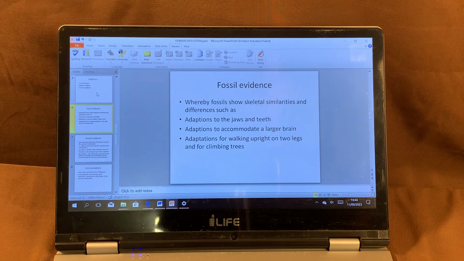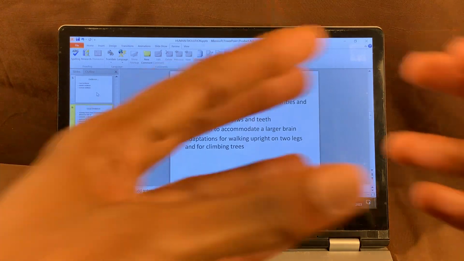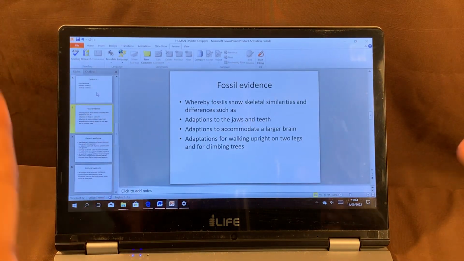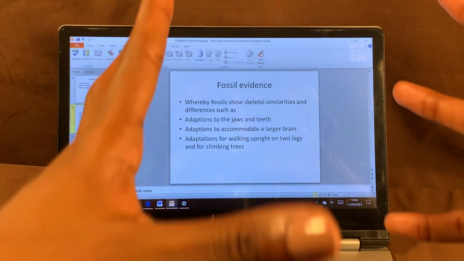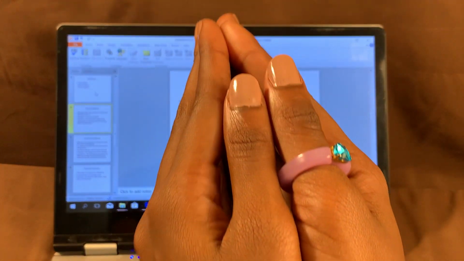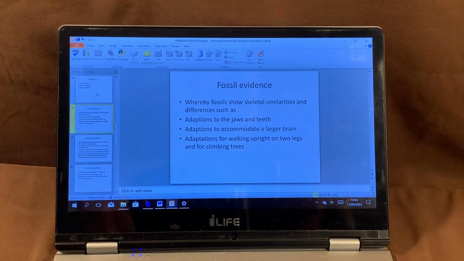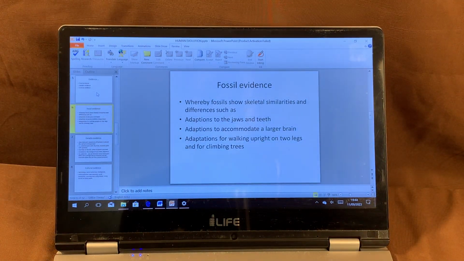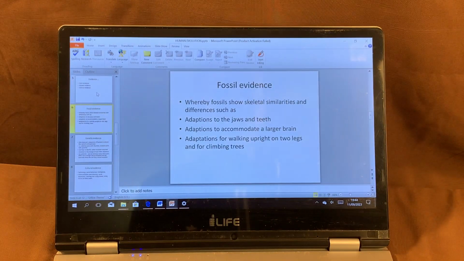With the skeletons, they also looked at the head and realized that our brains and skulls are now bigger than before. Before, their brains used to be this small. We have big heads to accommodate our larger brains, but in the fossils, they realized that the heads were small. It shows that over time it adapted, okay?